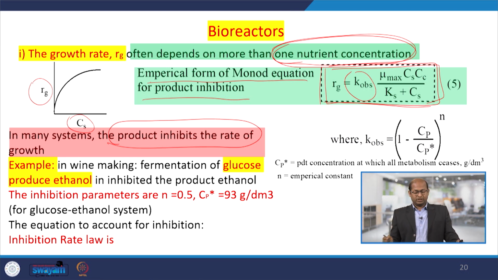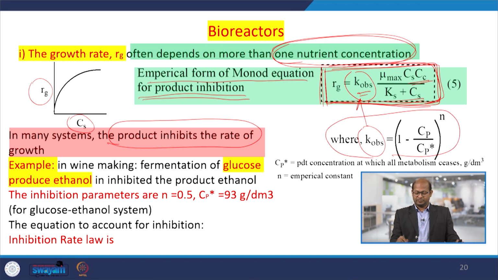So, now the empirical form of the Monod equation for product inhibition that we can include here, the rate of growth equation, we can write Rg equals K observed mu max Cs Cc by Ks plus Cs, where K observed equals 1 minus Cp by Cp star.